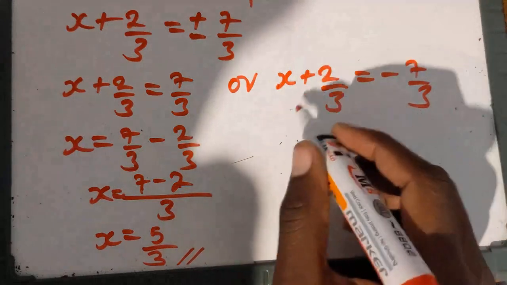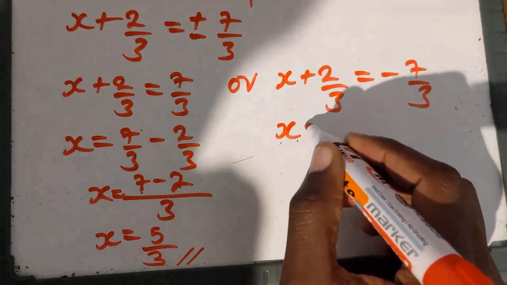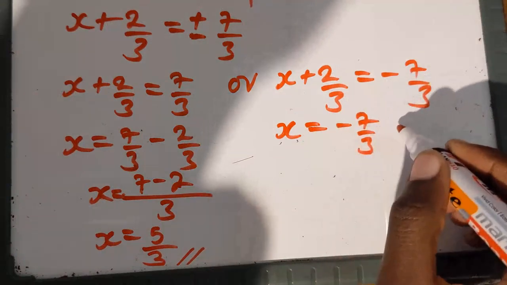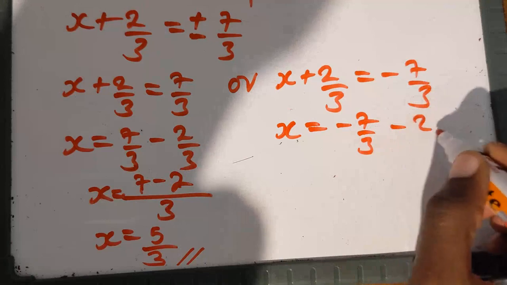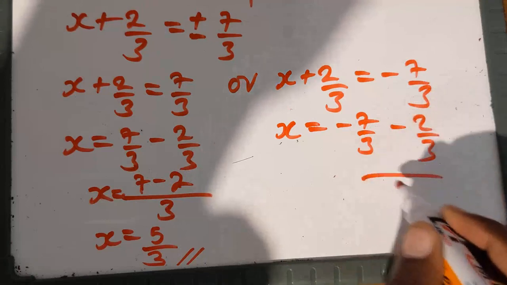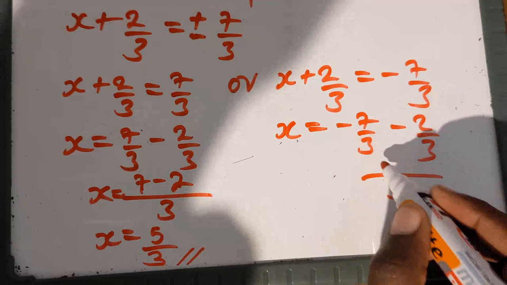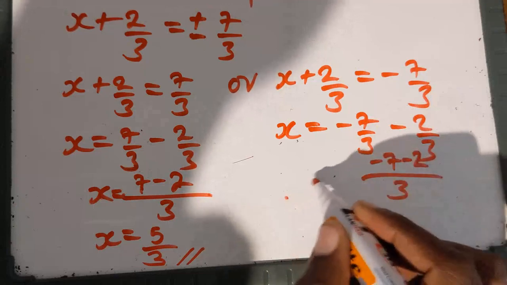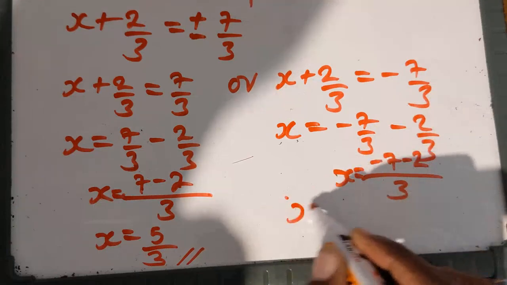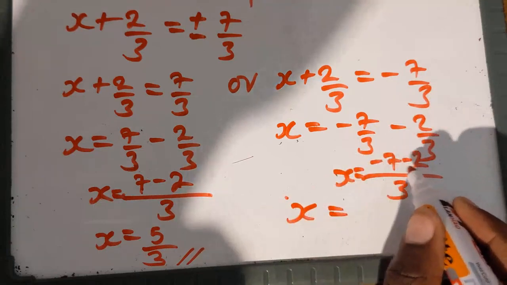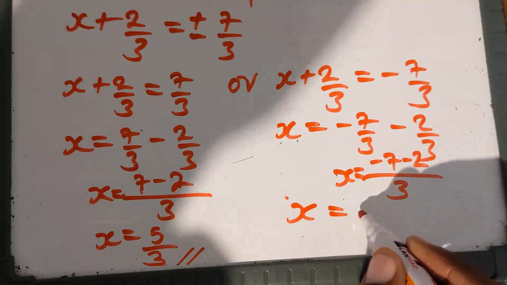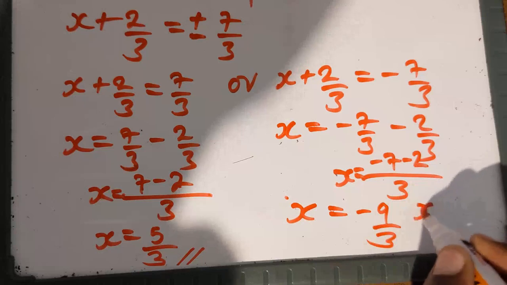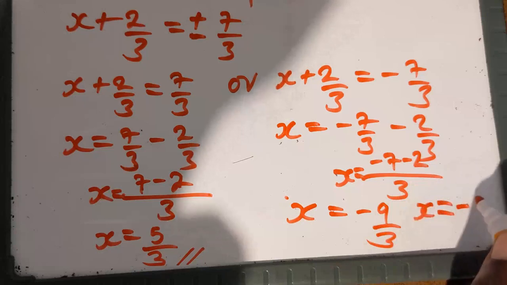So from here again you can find the value, okay, which is equal to negative 7 over 3 minus 2 over 3. So that is 3, then you're going to have negative 7 minus 2. Okay, then x is equal to negative 7 minus 2, that will be negative 9 over 3, and x will be equal to negative 3.